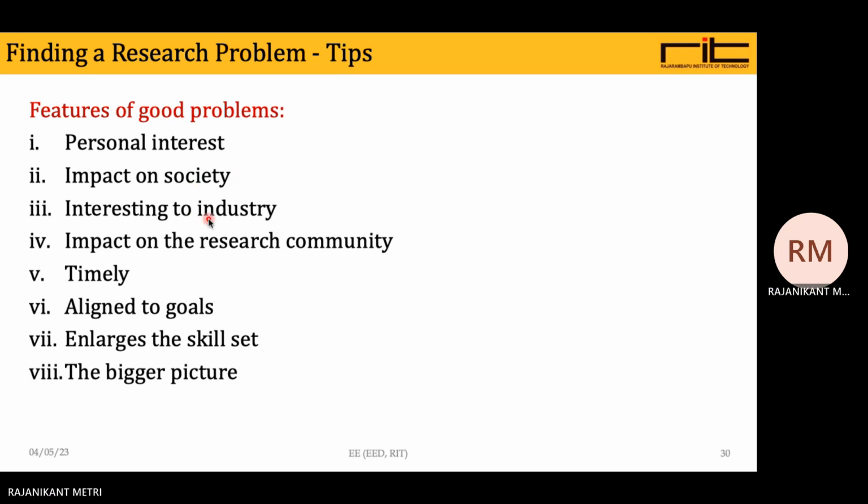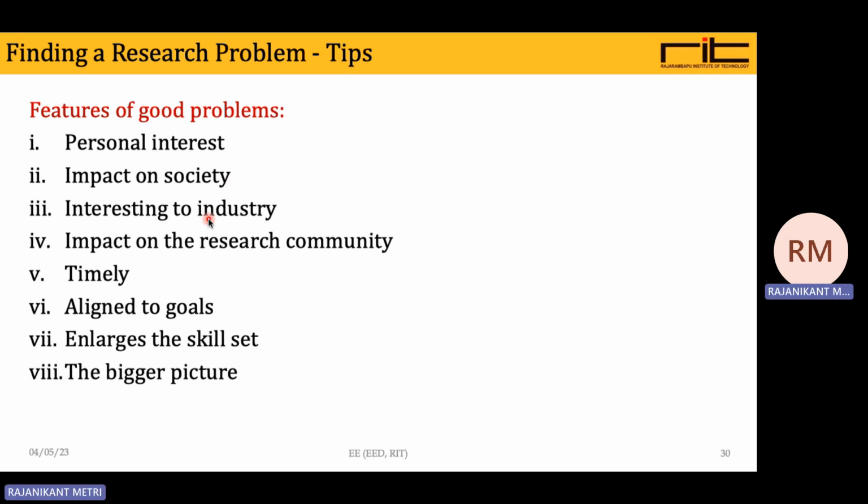Then the next feature is whether it is interesting to industry. So does industry find the problem compelling? For example, cognitive radio that promises to mitigate the issues caused by limited bandwidth, or a design that cuts down costs.